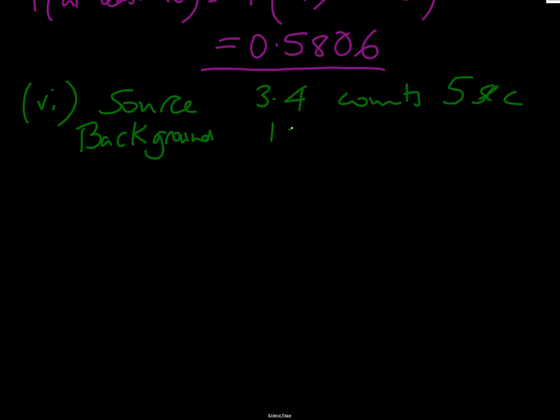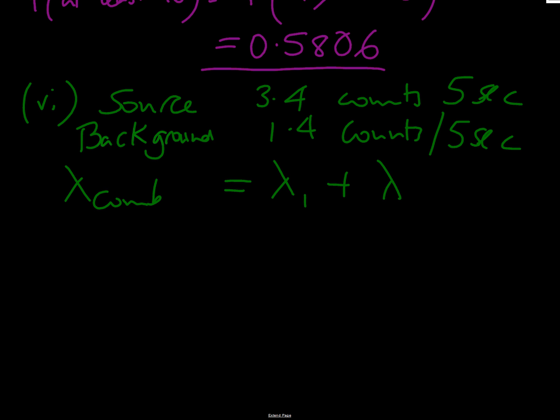Okay, so first thing we've got to do, they've told us that the background count is 1.4 counts per 5 seconds. So what do we do in Poisson? Poisson, we add the means, isn't it? The mean of the combined equals the mean of the first plus the second.